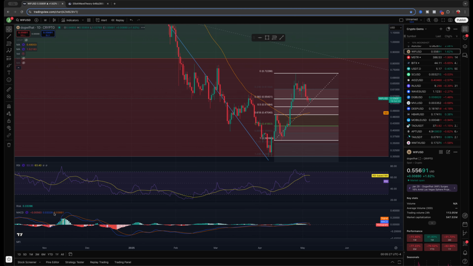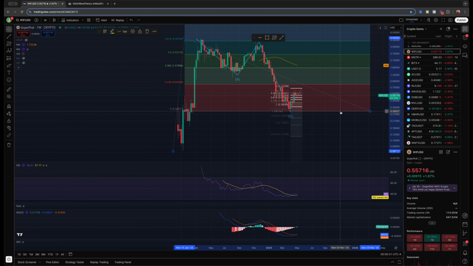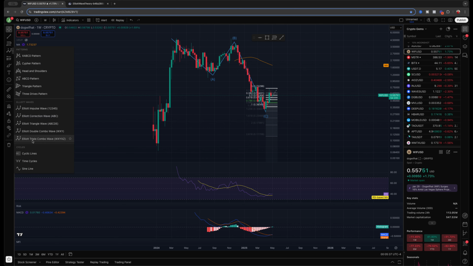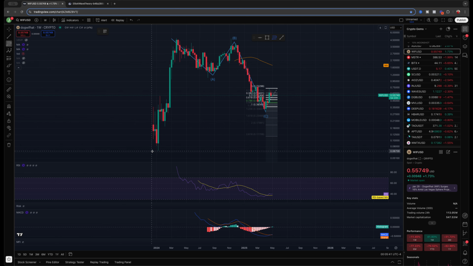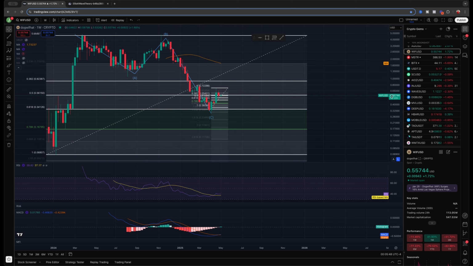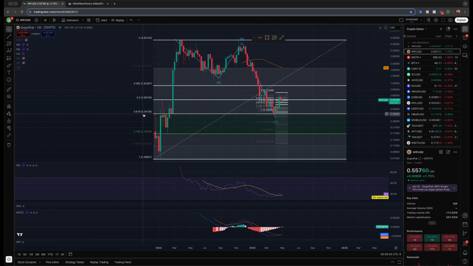Because if we're looking again at the weekly time frame, my belief is that we are actually in a start of a wave 3. If we also look at the Fibonacci retracement for this entire move, if we put this here, one of the main levels for a wave 2 to retrace back to is the 0.618.